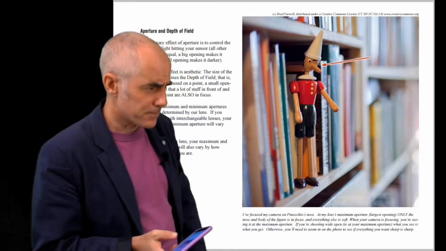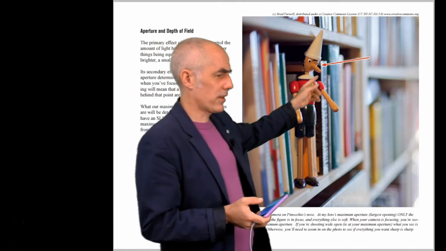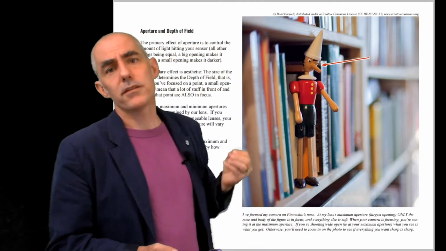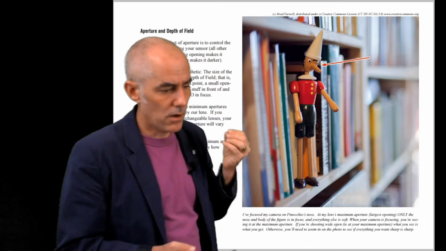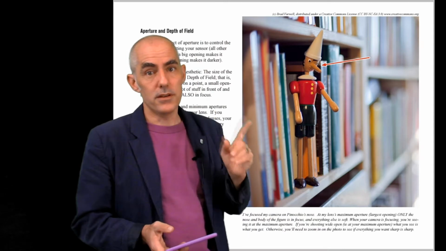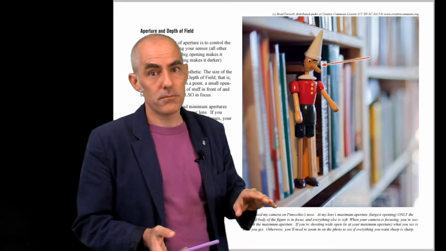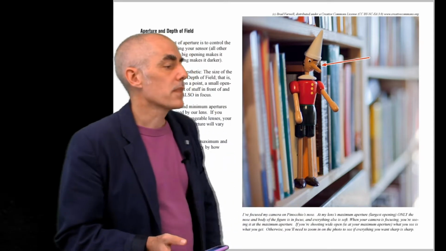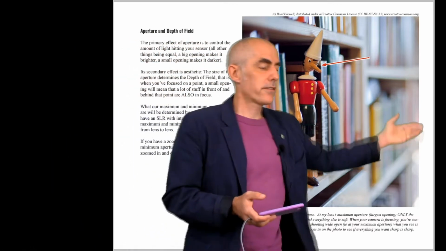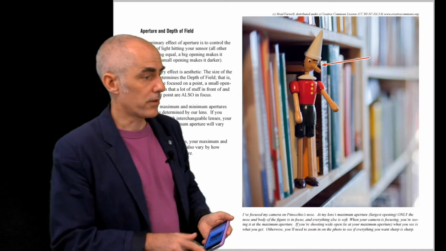So Pinocchio, I've got that little arrow pointing to his schnoz. Pinocchio is in focus because he is what I have focused the camera on. Whatever you focused on is always in focus, period. So he's in focus, that's great, but the stuff in front of him is out of focus, and the stuff behind him is out of focus.